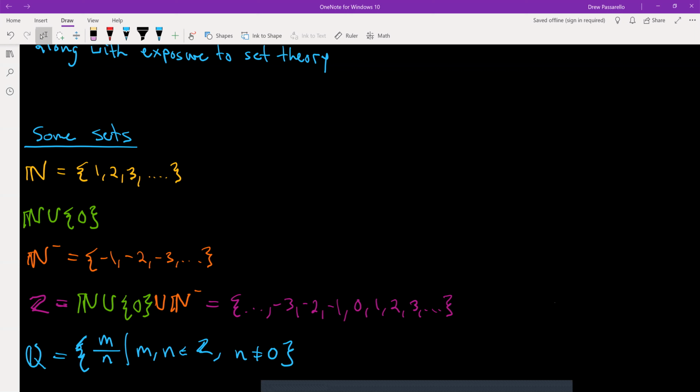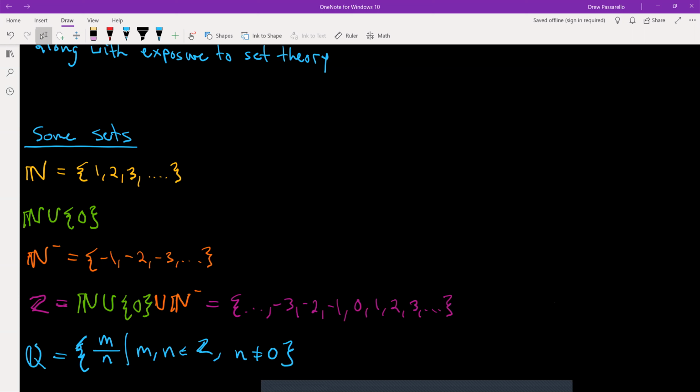And again, you'd have to know set theory. So that's the natural numbers unioned with the element 0. For the negative natural numbers, in orange, I write the natural number symbol with a negative as the superscript.